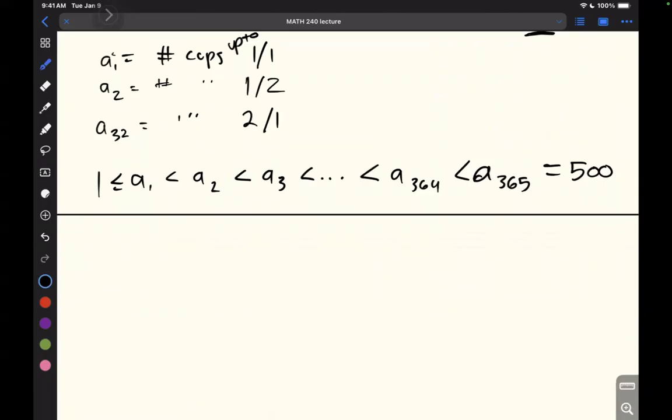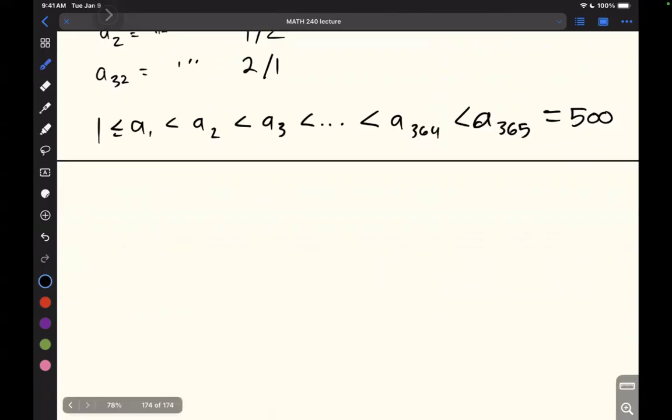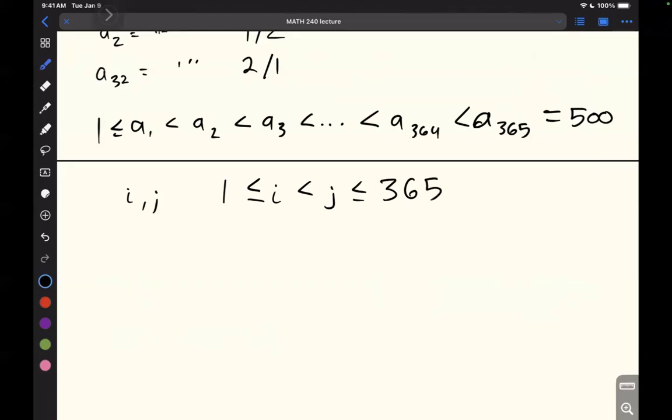And so the way they put it is, we desire to find integers i and j such that 1 is less than or equal to i, which is less than j, which is less than or equal to 365, where A_i plus 225 is equal to A_j.